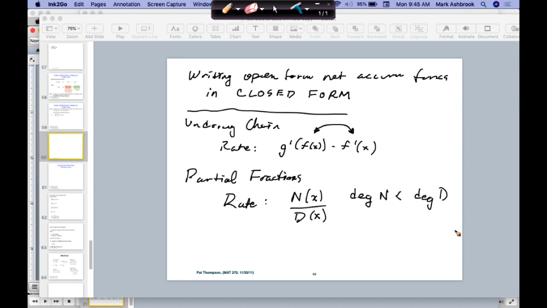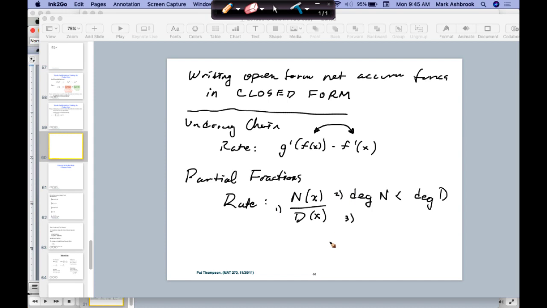And if it's not, what do you do? Remember what you do? If degree of n is greater than or equal to d, you start by long dividing the polynomial, right? But if the degree of n is less than the degree of d, and then there was one more criteria. Remember? And what allows that, right? So what allows it to be written as a sum of fractions?